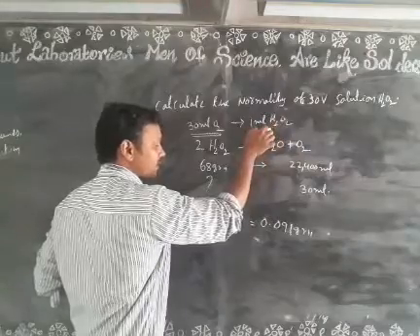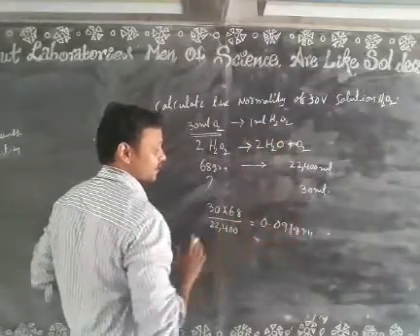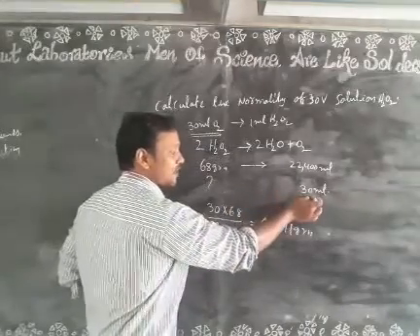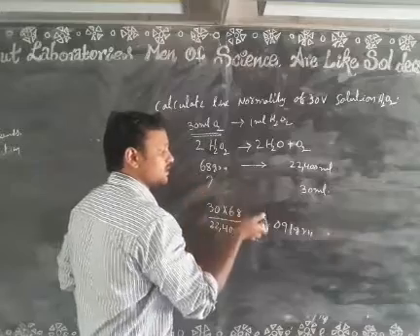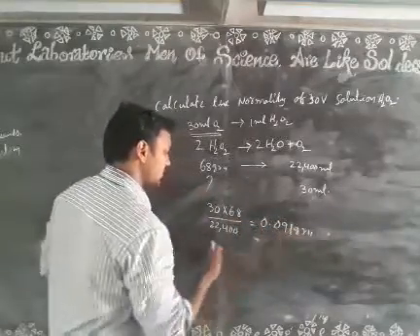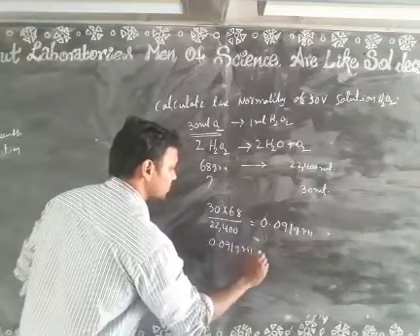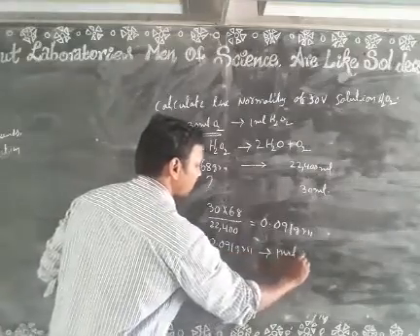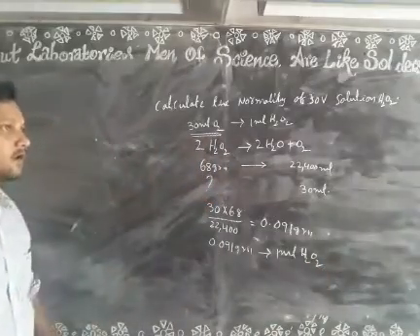So 0.091 grams of hydrogen peroxide is equal to 1 ml of hydrogen peroxide.